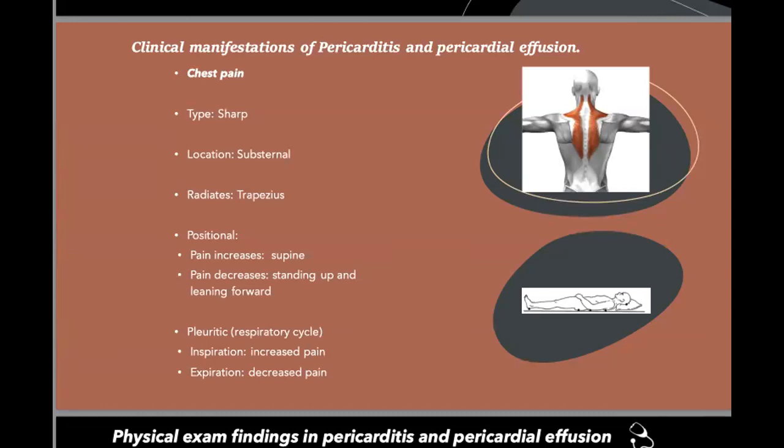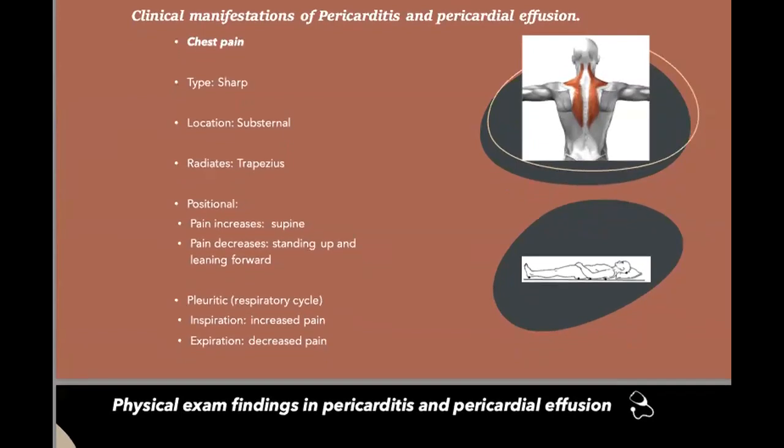The pain is positional, meaning that it increases when you're in the supine position, and decreases when you're standing up or leaning forward. When it comes to the pleuritic part, we mean the respiratory cycle. The pain will increase during inspiration and decrease when we're exhaling.